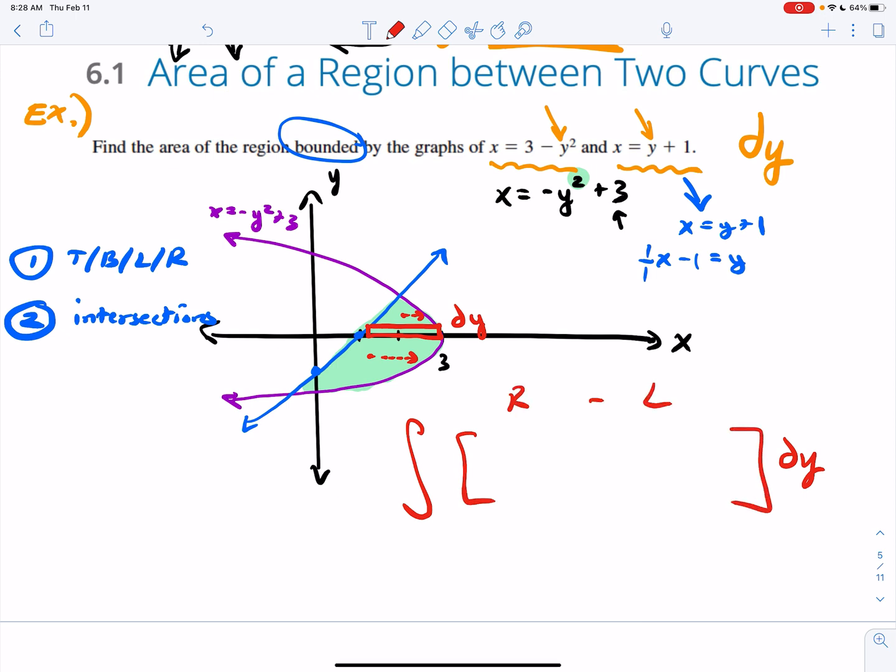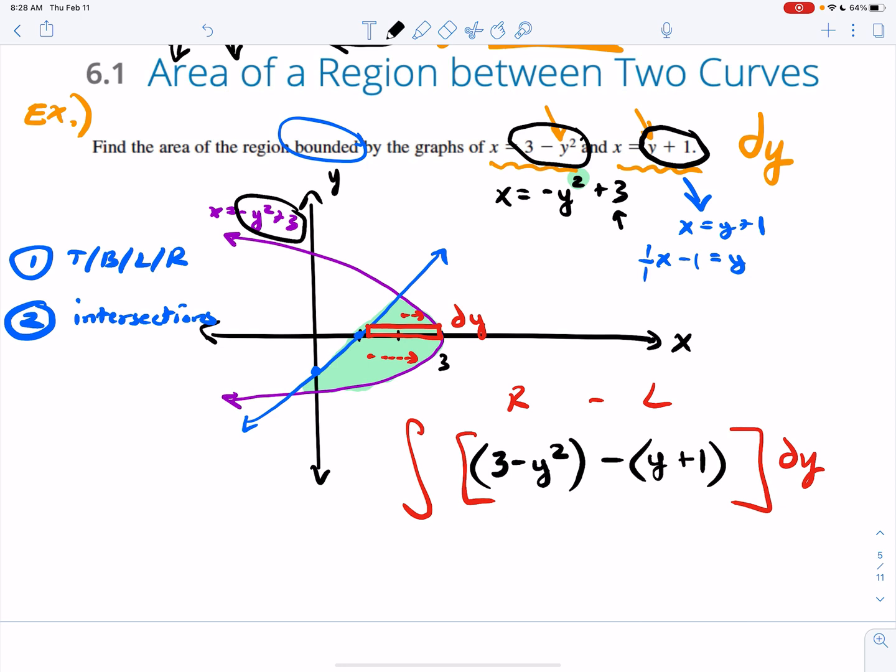My right function is negative y squared plus 3, or the original 3 minus y squared. I'll leave that up to you guys. I'm going to write the original. Minus the left function in terms of y is y plus 1.